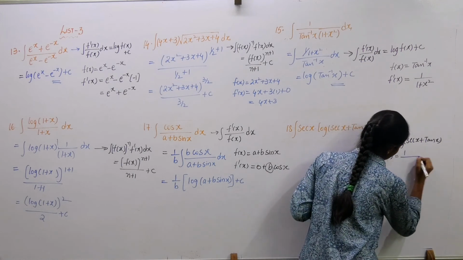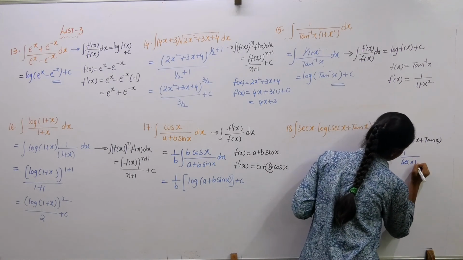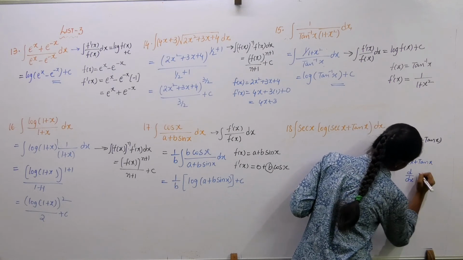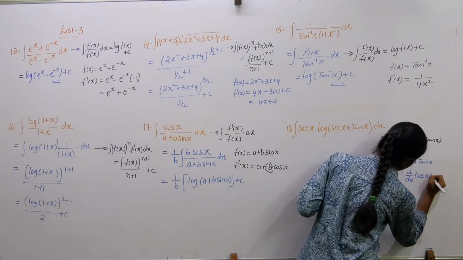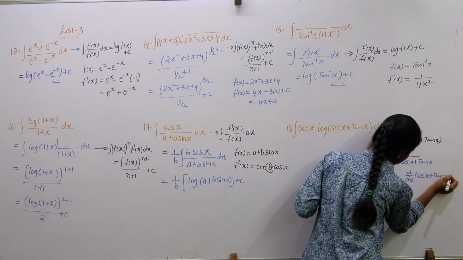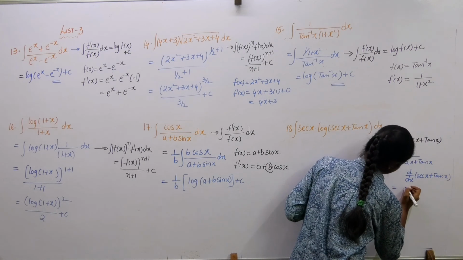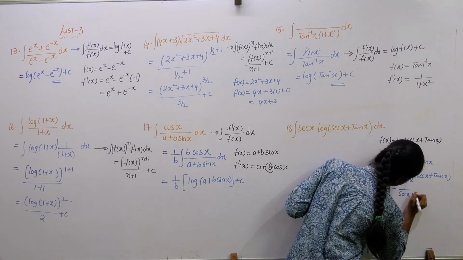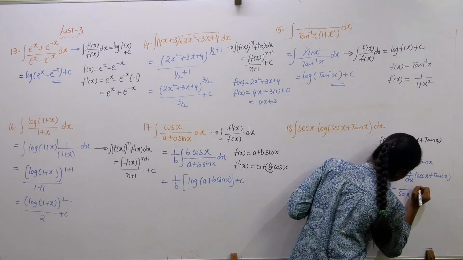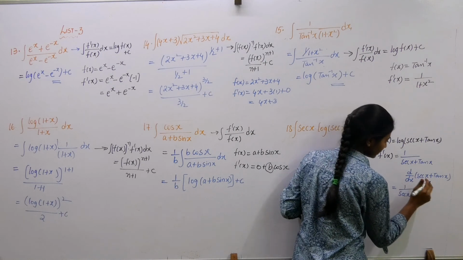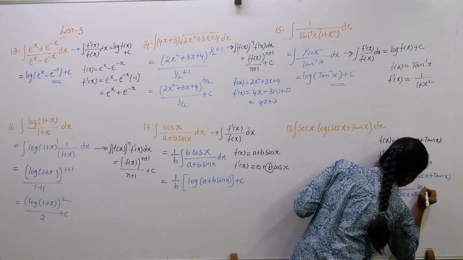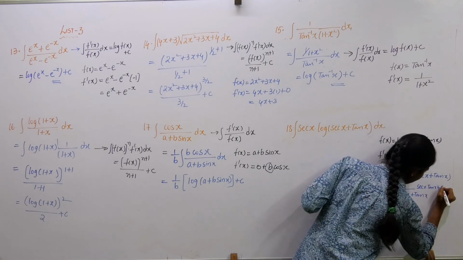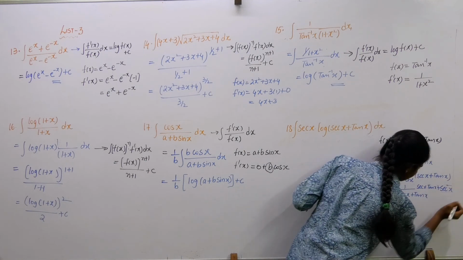It becomes 1 by secant x plus tan x, and again differentiating secant x plus tan x, it is equal to 1 by secant x plus tan x, and d by dx of secant x is secant x into tan x, plus d by dx of tan x is secant square x.